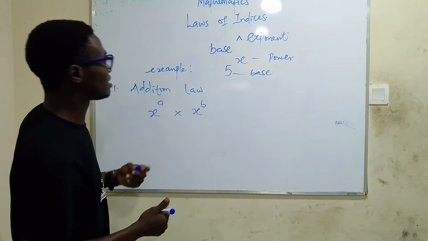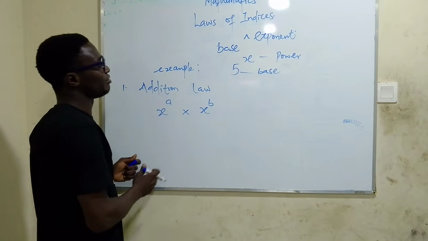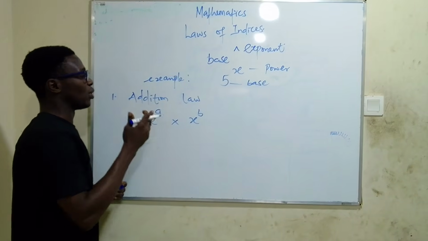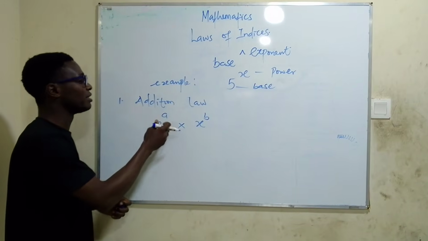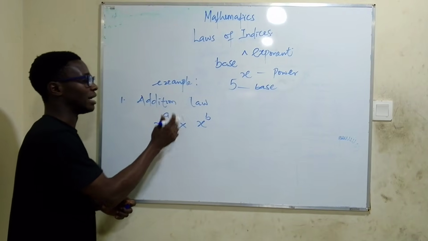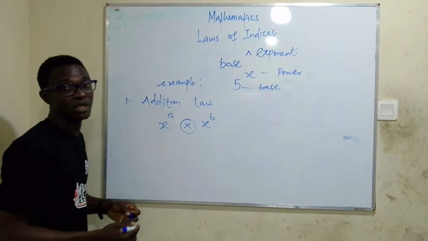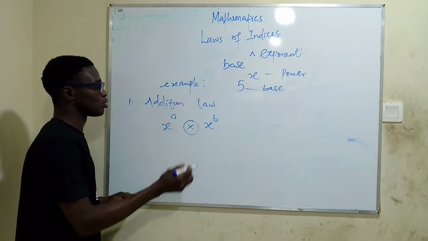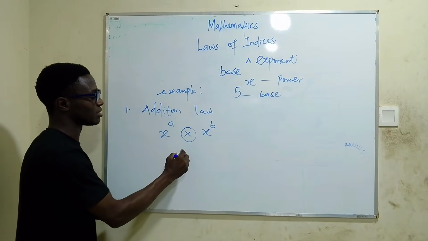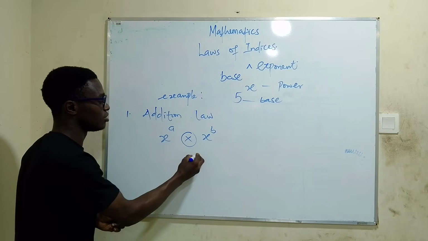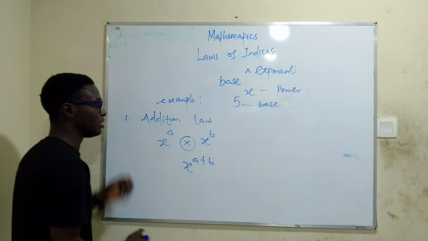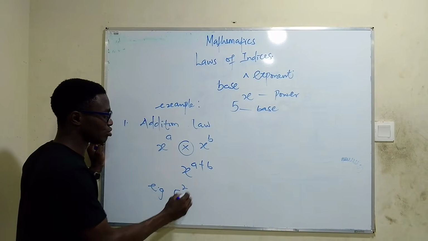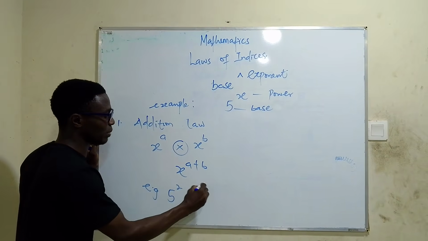For us to have the addition law, we need the same base and the operation between them to be multiplication. If we have this case, then we can say x to the power of a plus b. A typical example is 5 raised to power 2 multiplied by 5 raised to power 3.